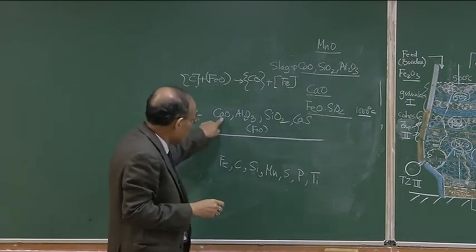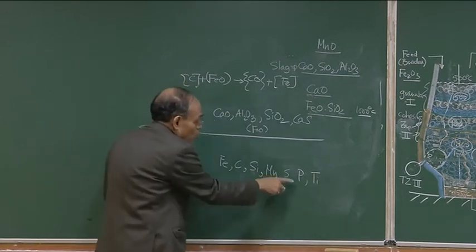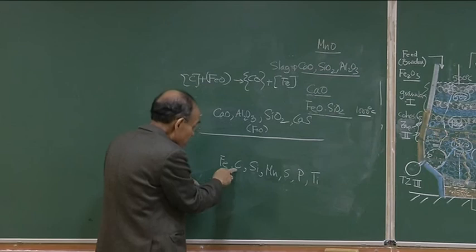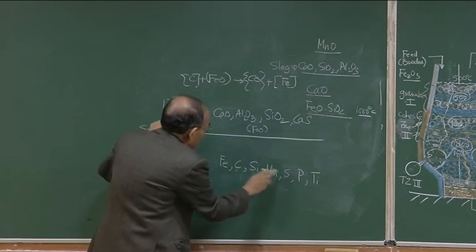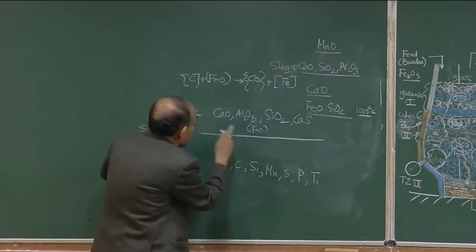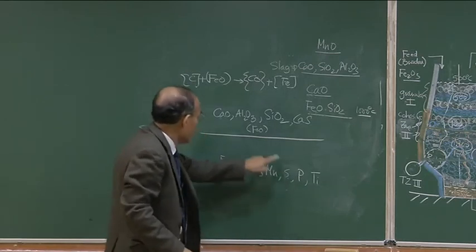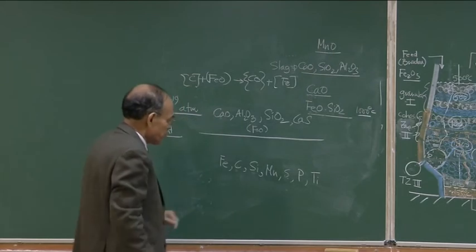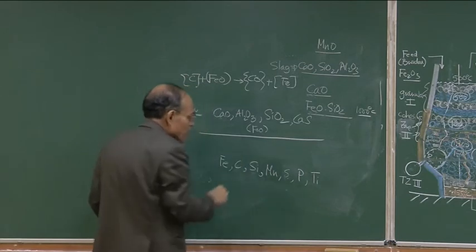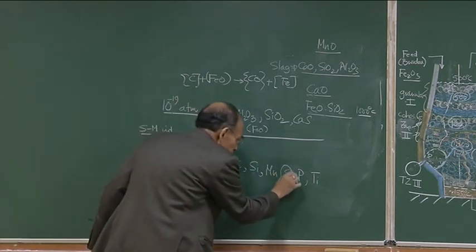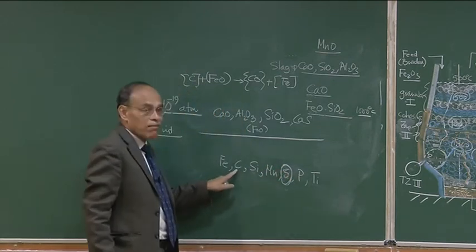Now, good basicity is necessary to capture sulfur. Sulfur, as I said, has good affinity towards calcium oxide. Because there is a reducing environment already present in the furnace, carbon is trying to get to this oxygen, sulfur is trying to get there, and we have to create a condition in the blast furnace such that more and more sulfur is eliminated through the slag metal contact or in the blast furnace hearth itself, because we will study in the next class that elimination of sulfur requires a reducing environment.